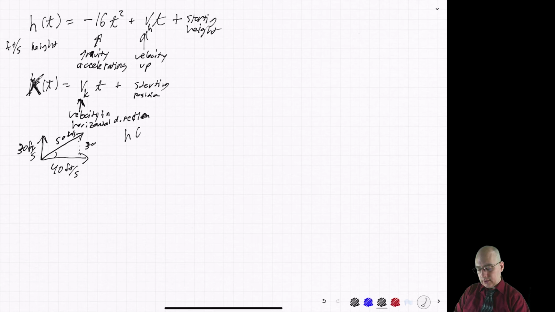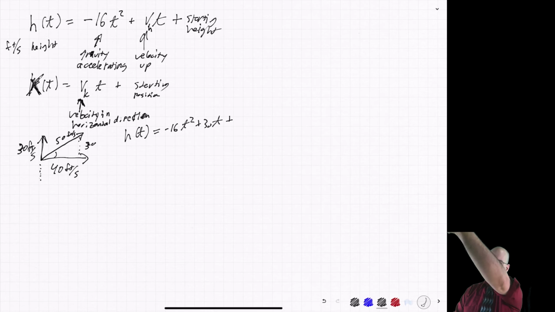And so h of t is equal to minus 16 t squared plus 30t. And we'll just say that, I don't know, what would you actually do?